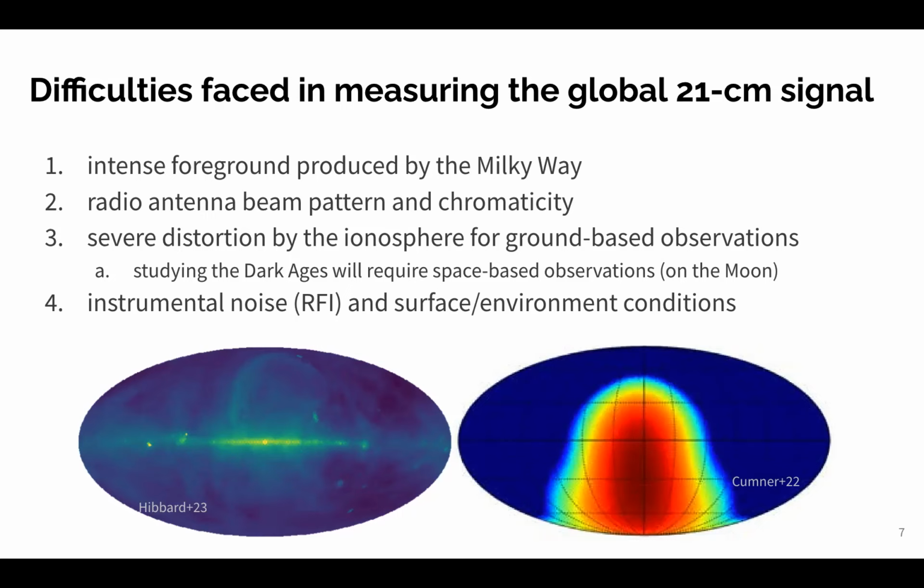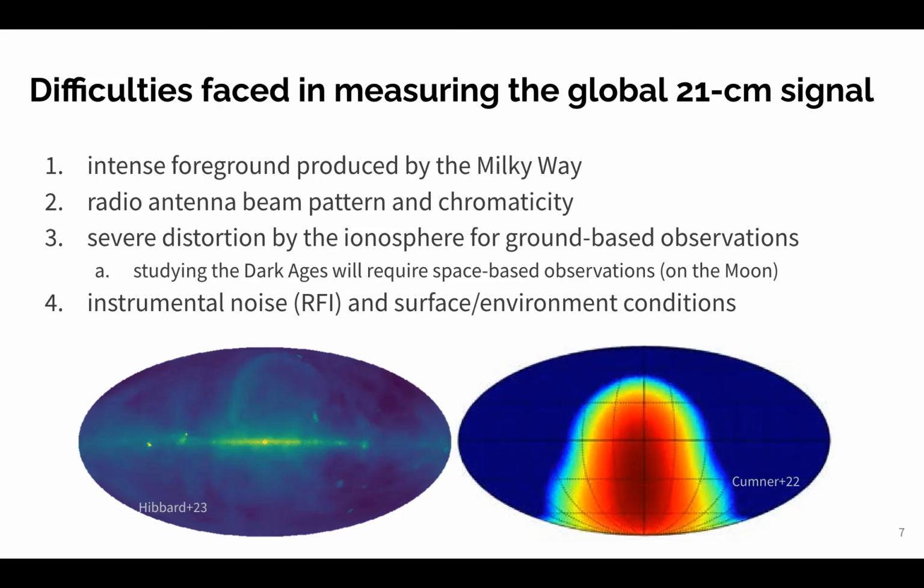In the ionosphere there's a lot of turbulence that disrupts the wave pattern, which makes it very difficult to understand the signal that we receive if we're measuring it from the surface of Earth. Especially for the dark ages, because that's the lowest frequencies, those cannot be observed on Earth. So we need to go to space, outside of the ionosphere, to observe the dark ages, perhaps on the surface of the moon.